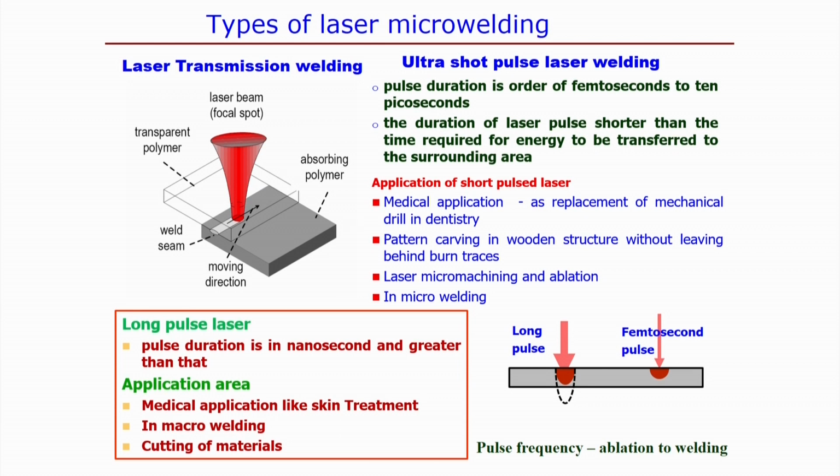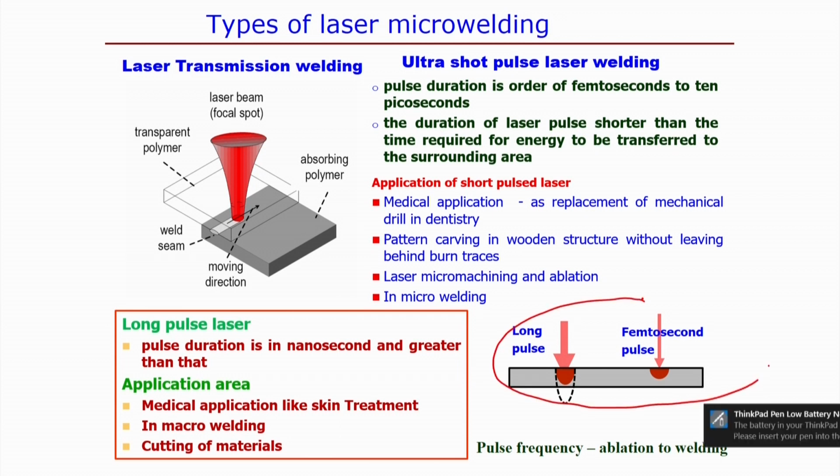But if we see this figure on the right hand side, there is a comparison between the long pulse laser and the femtosecond pulse laser. Normally, we see that for long pulse laser, the size of the heat affected zone or molten size is a little bit more as compared to the femtosecond pulse laser.